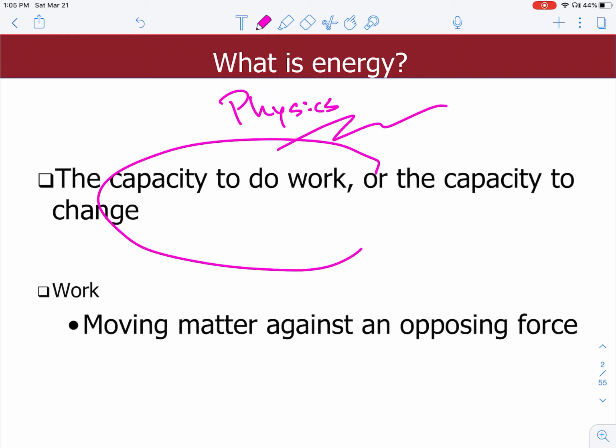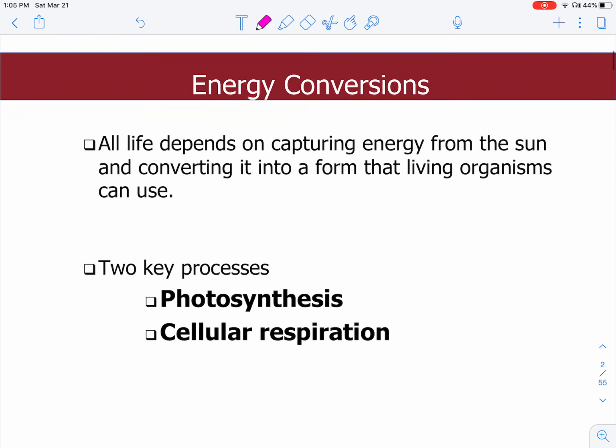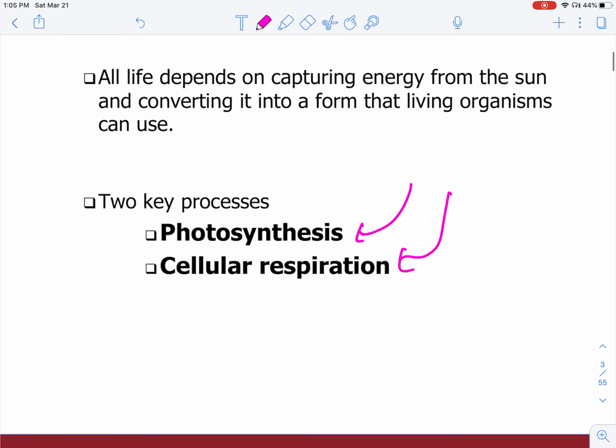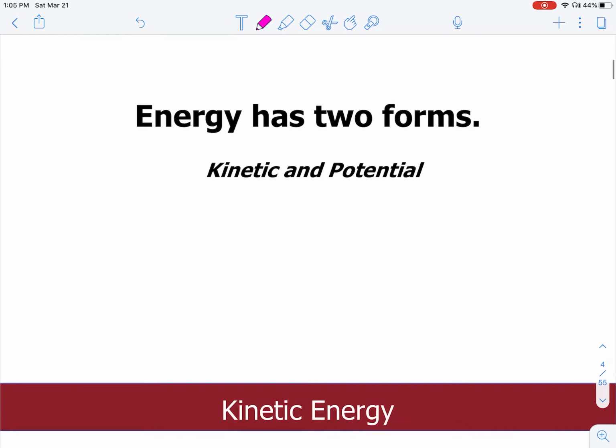And so energy in a physics sense is the capacity to do work or to change, and work is moving things against an opposing force. In biological systems, as we said before, we'll do this looking at photosynthesis and cellular respiration.